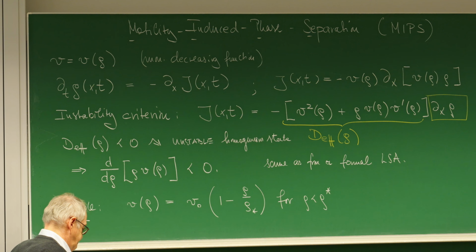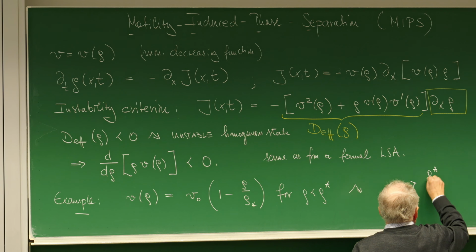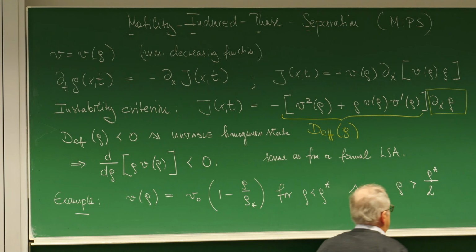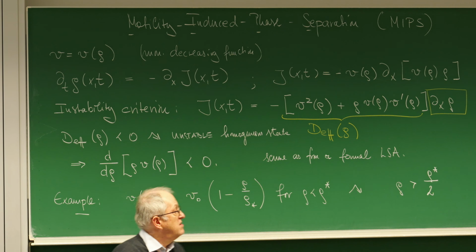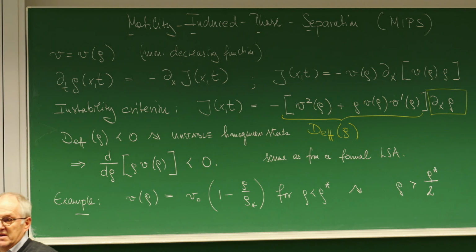Now, you can insert that linear relation here and do the algebra, and what you get from there is that the density needs to be larger than this value rho star, where the velocity becomes 0, by a factor of 2.